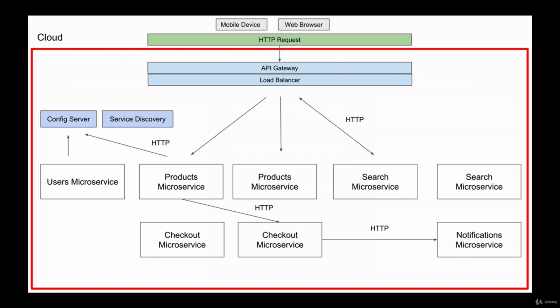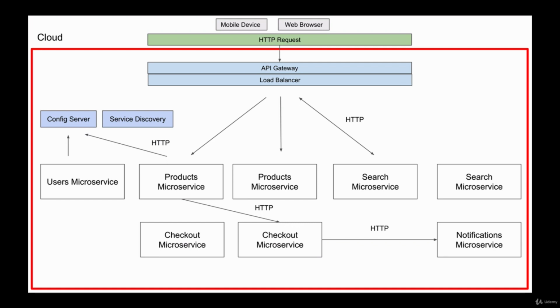And inside of this Spring Cloud environment, the very first microservice that we see is at the top, and it is an API gateway, which is a standalone Spring Boot application. Then we have load balancer, we have config server, we have service discovery, which are also standalone Spring Boot applications that are built to serve a certain purpose. And below we have many other microservices that we have designed and built as small Spring Boot applications, each performing a specific business logic.